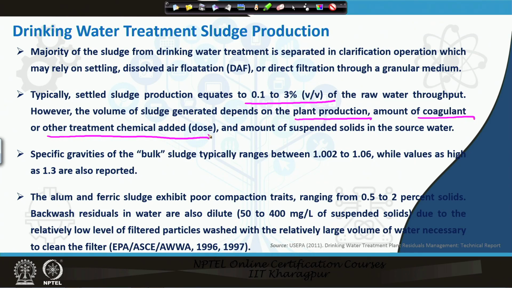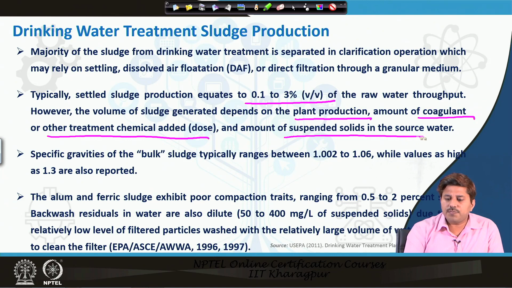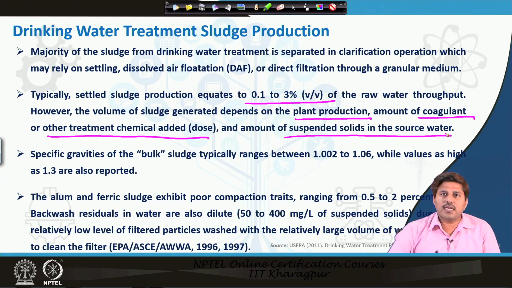If you are using iron, alum or lime, how much chemical we add matters, because all that eventually settles and appears as sludge. It also depends on the amount of suspended solids present in the source water. If there are a lot of suspended solids, we are going to get a larger amount of sludge. If there is a limited concentration of suspended solids, then relatively less sludge will be produced.